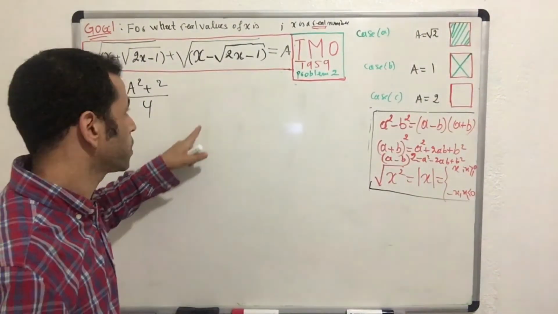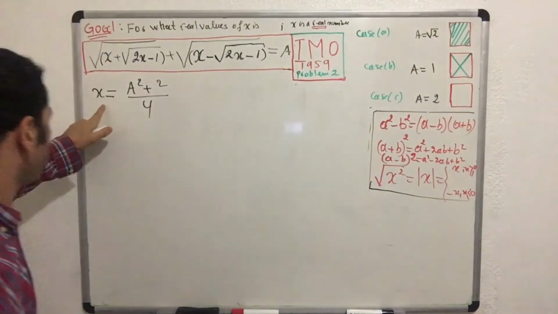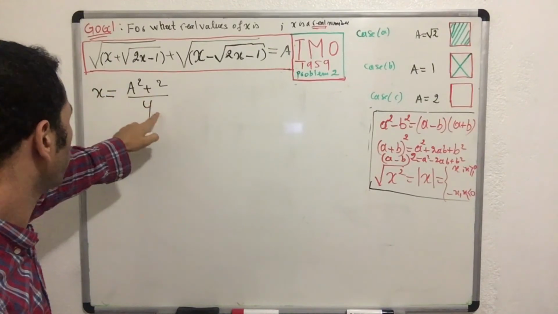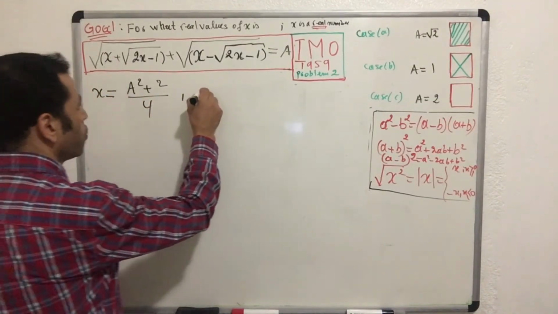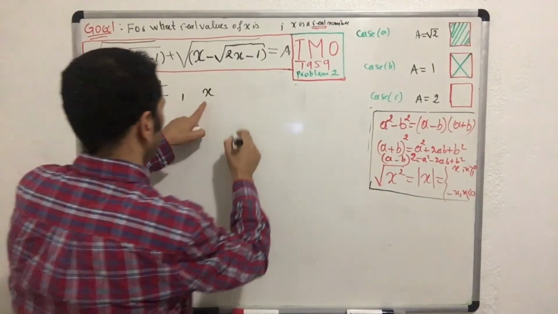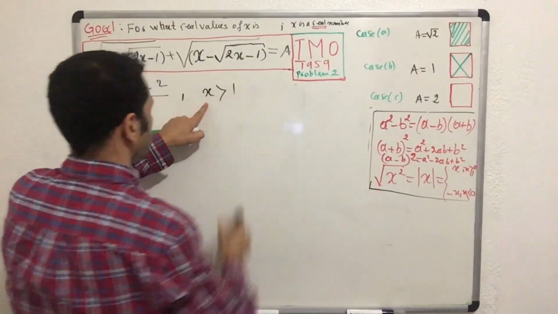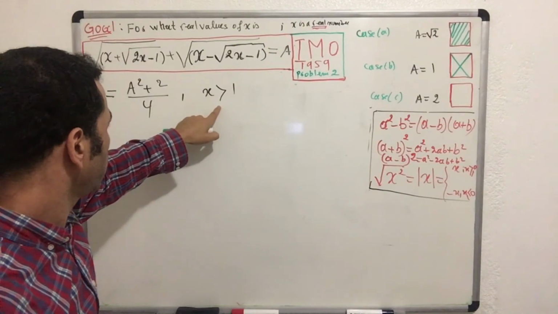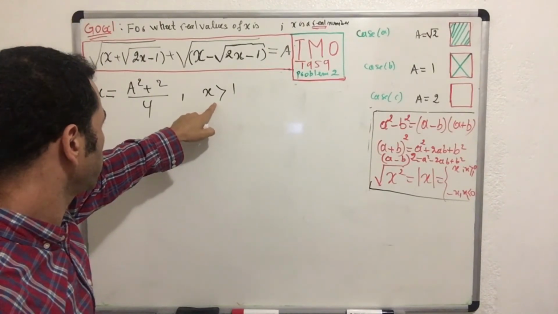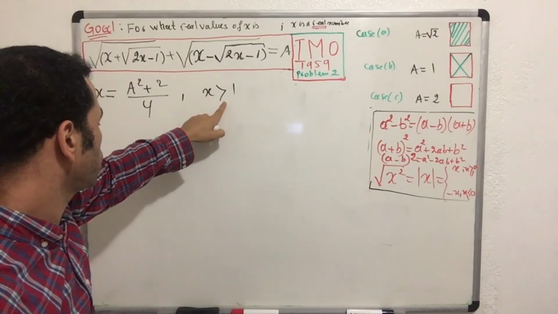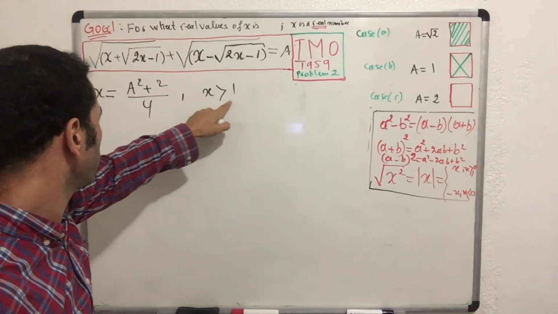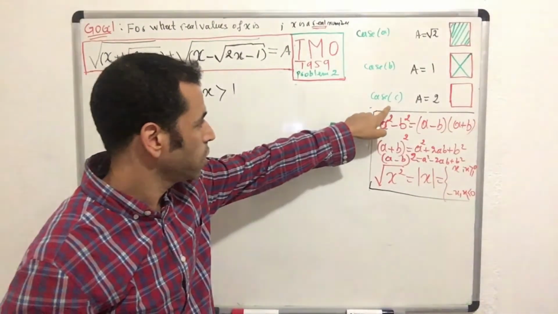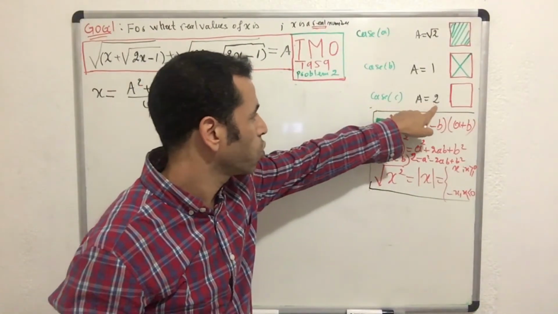Now, in this last step, I have this equation, x equal a square plus 2 over 4. We know this condition, we have x greater than 1. Okay, I'm working in this case when x is superior than 1. Okay, let's go to the case C when you have a capital A equal 2.